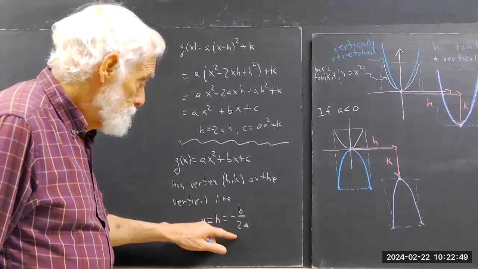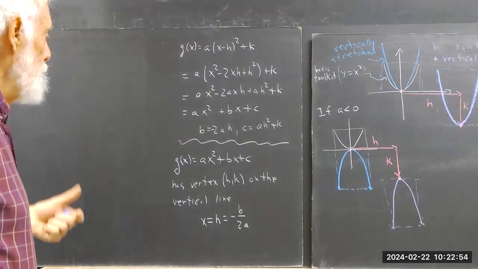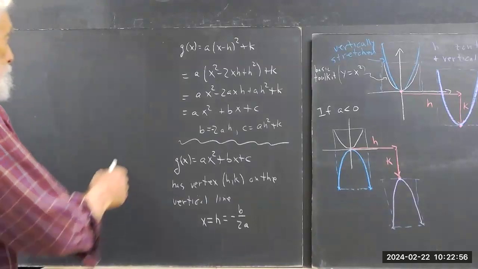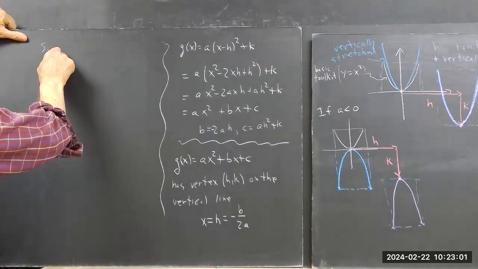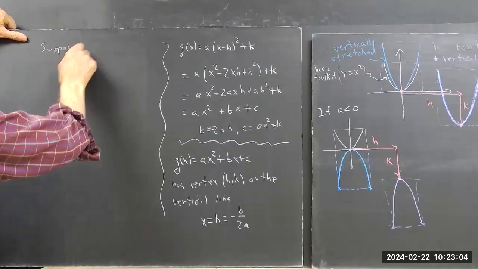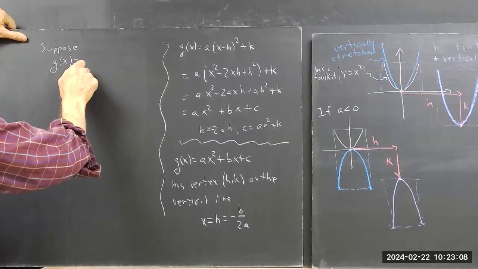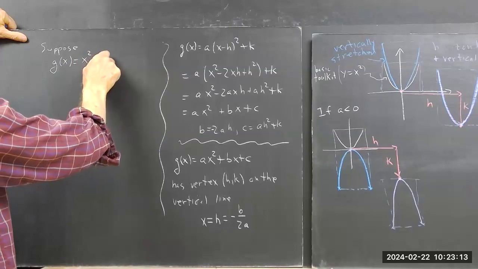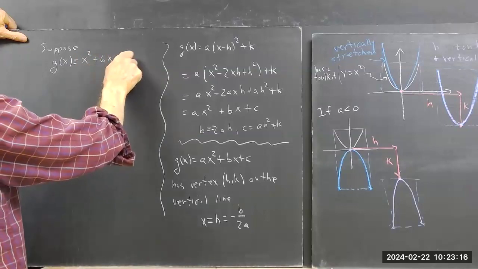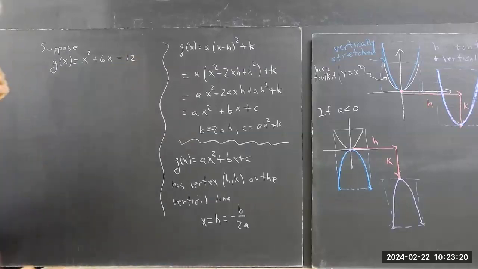Then you can immediately say something really important about a function. So let's just take an example. Let's see what we can do with this. Let's suppose g of x is x squared plus 6x minus 12.